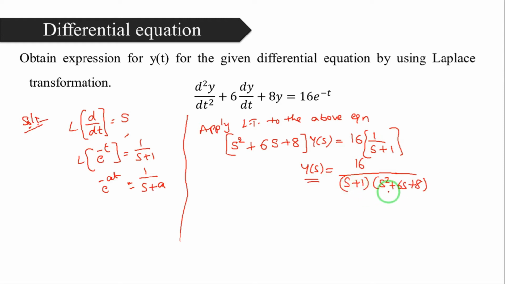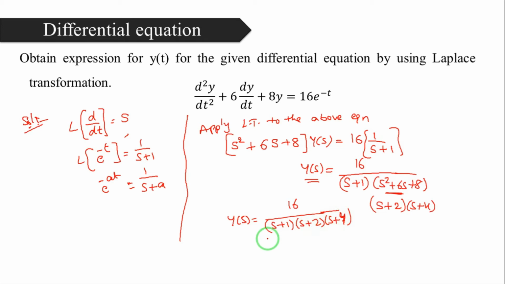Before taking the partial fractions, we have to factorize. What are the roots of s square plus 6s plus 8? It factors as s plus 2 and s plus 4, so the roots are minus 2 and minus 4. So y of s is equal to 16 divided by s plus 1, s plus 2, s plus 4.